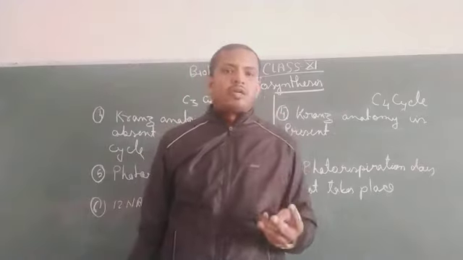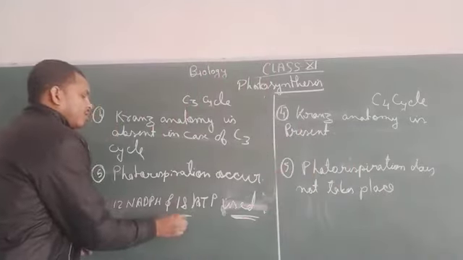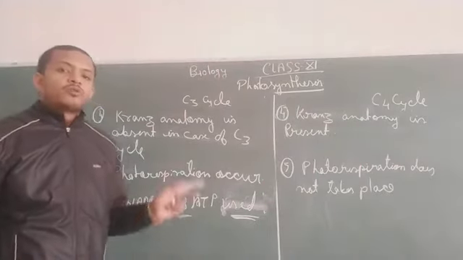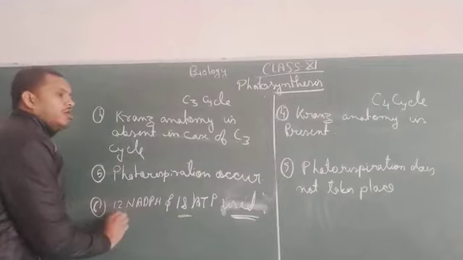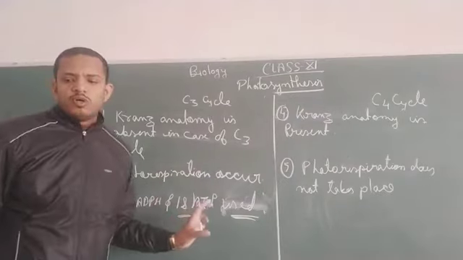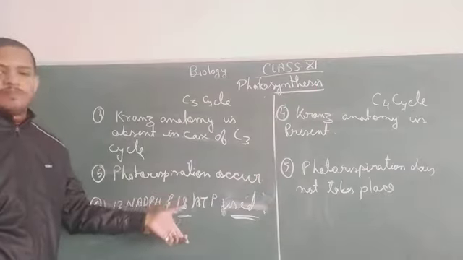So total 3, so 6 into 3, that is 18 ATP. And there is use of 2 NADPH, so 6 into 2, that is 12 NADPH. Got it? So what is the total number here? 12 NADPH and 18 ATP.